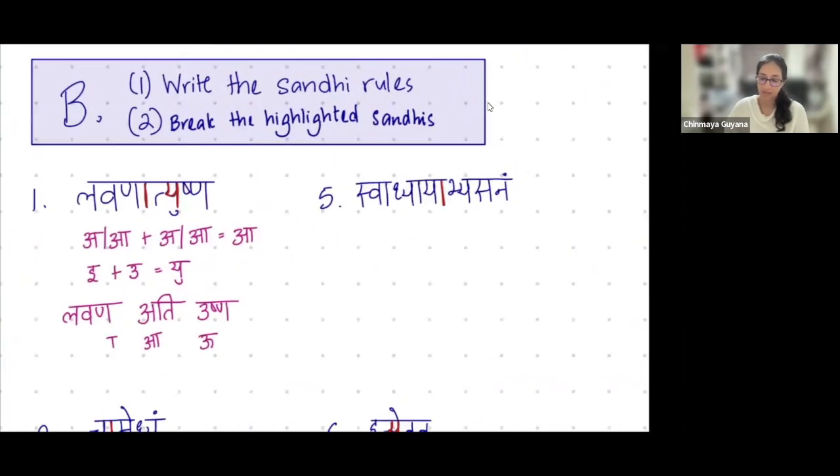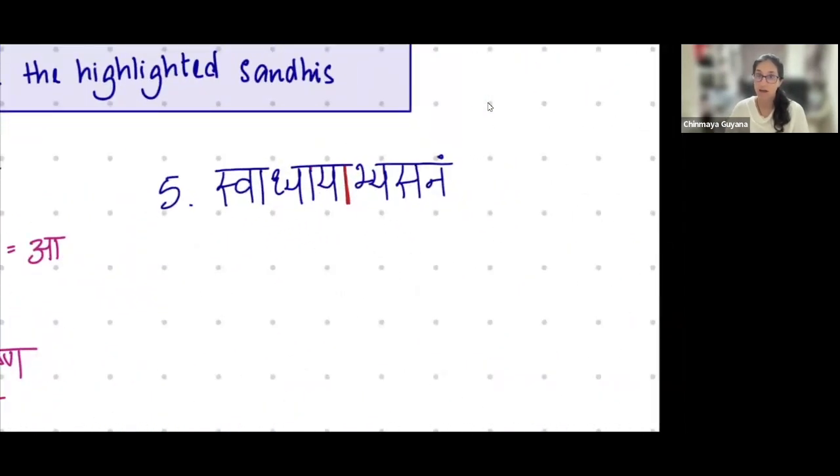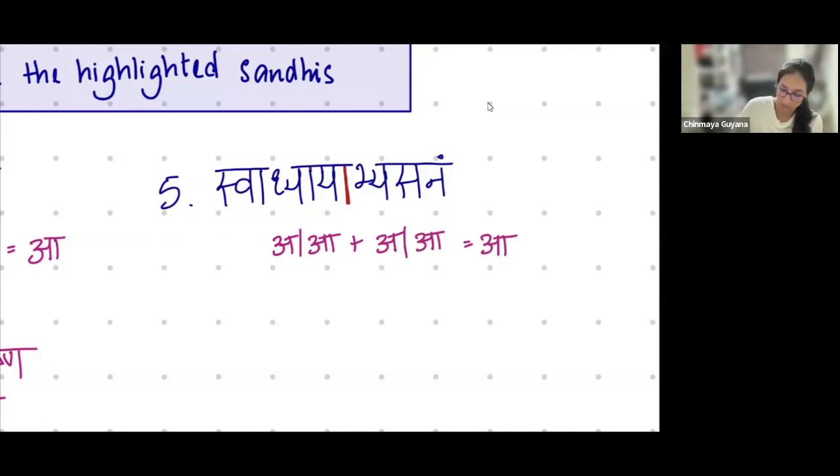Next. Svadhyayabhyasanam. Svadhyaya abhyasanam. Even though you may not have been able to pronounce the word properly, you should have been able to get the sentence. Svadhyayabhyasanam. A or a plus a or a equals a. Svadhyaya and abhyasanam.